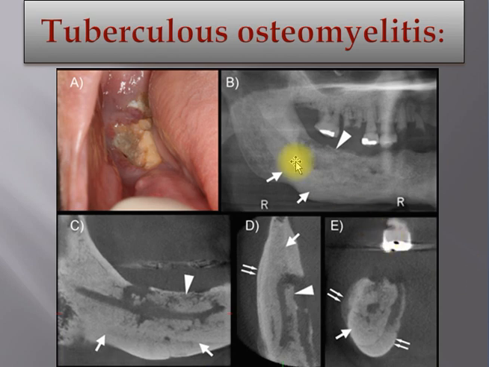So in this CT we can see the moth-eaten symptom of tuberculosis osteomyelitis, and in this slide we can see a sequestrum. So all features of chronic osteomyelitis, but the cause of this osteomyelitis is tuberculosis.